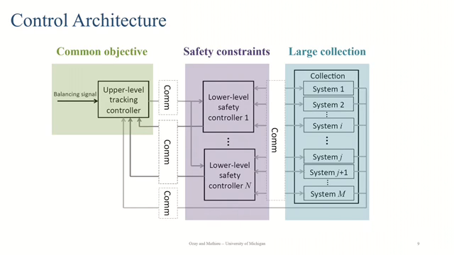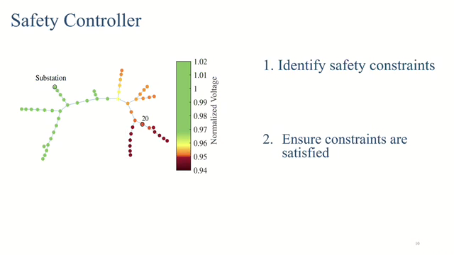So in the next slide, we'll go into detail on what's happening inside of the safety controllers. So the safety controllers have two tasks. The first is to identify safety constraints for the distribution network, and then the second is to ensure those constraints are satisfied.